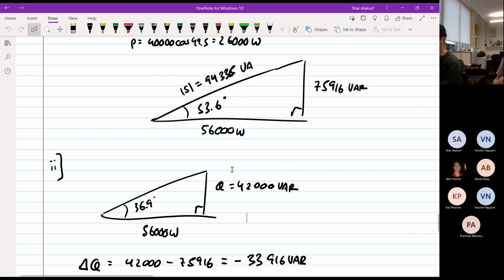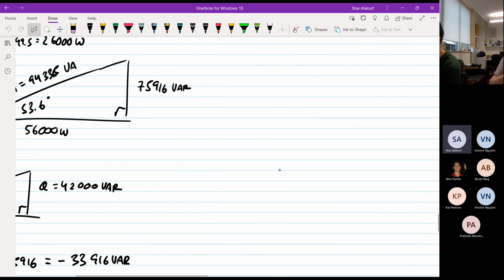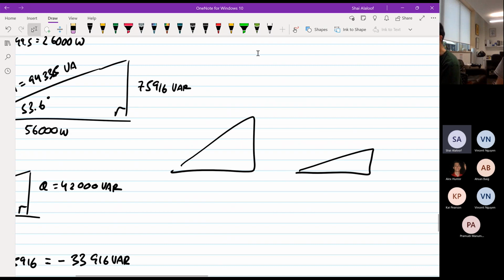So, a capacitor. This is what the triangle was before. This is what it was after. When you want to reduce the reactive power, as in create negative reactive power, then you add a capacitor. If you want to add, then you add an inductor.